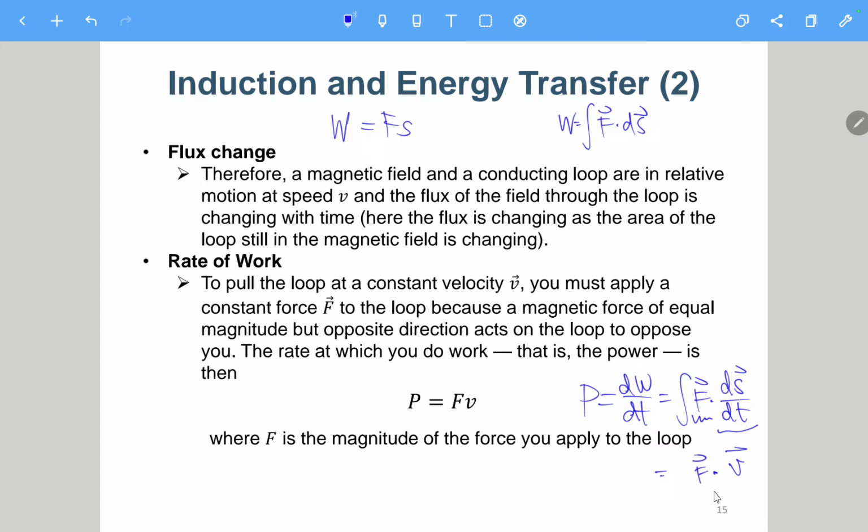We just assume it is uniform everywhere. But of course, in this case, v is a constant value, and F is also a constant value, so it's F times v.